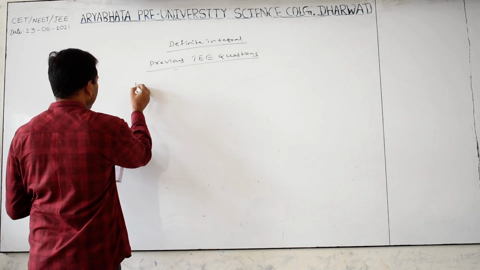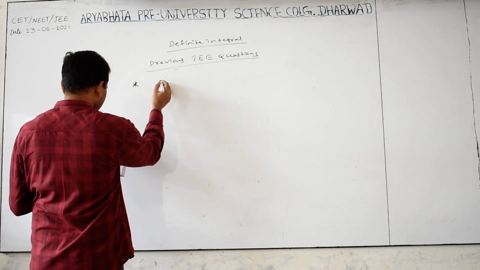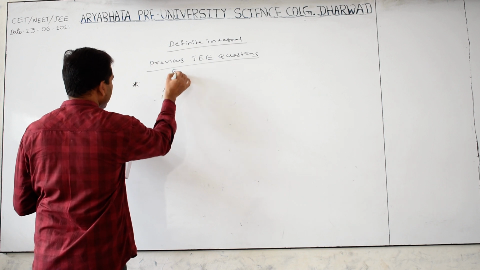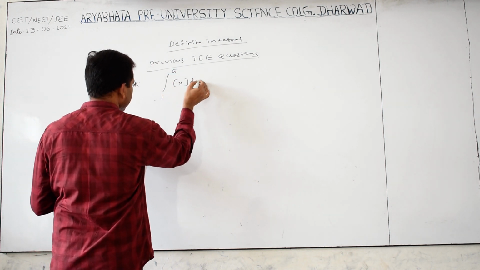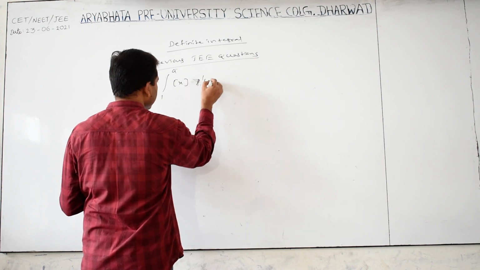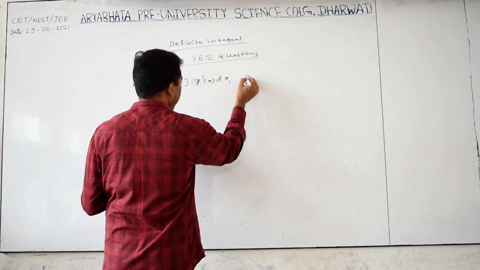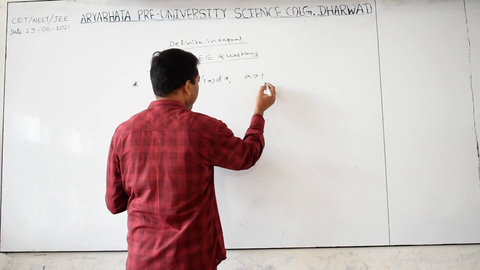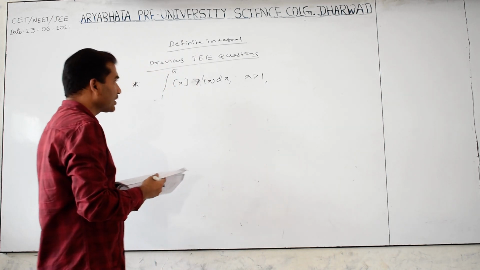Next question: the value of integration from 1 to a of [x] f dash x dx, where a is greater than 1 and [x] denotes the greatest integer function.